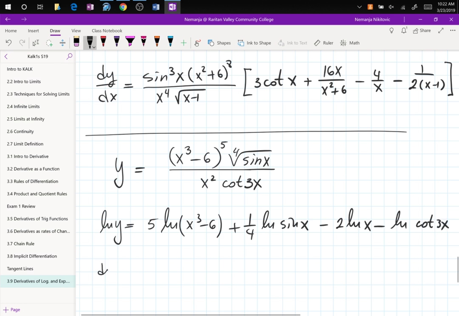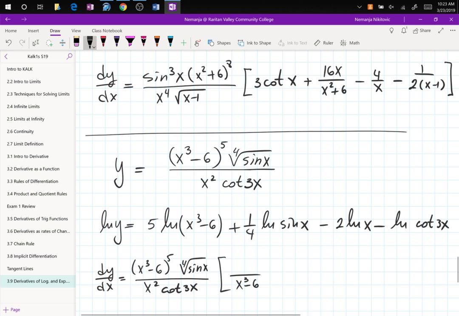So now the derivative dy/dx is equal to copy the original function and just now take derivatives of each one of these separately, but they're all basic ln's. So we copy x cubed minus 6 in the denominator.